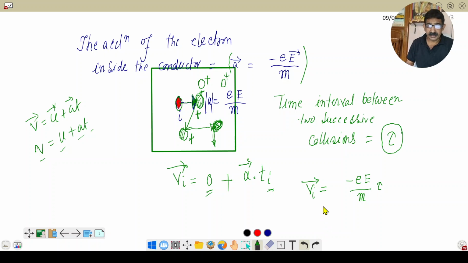The velocity of the ith electron is v is equal to minus eE by m into tau, where tau is the relaxation time. So this is the expression for velocity.